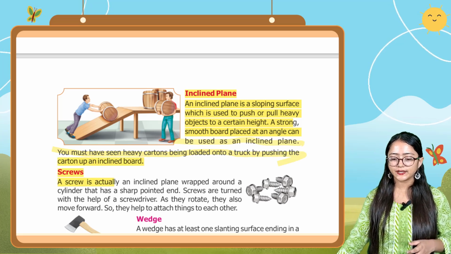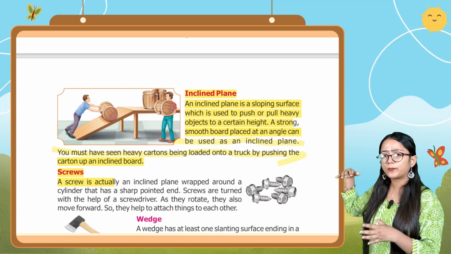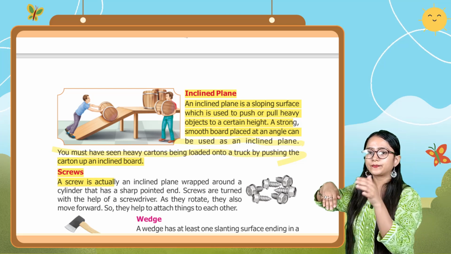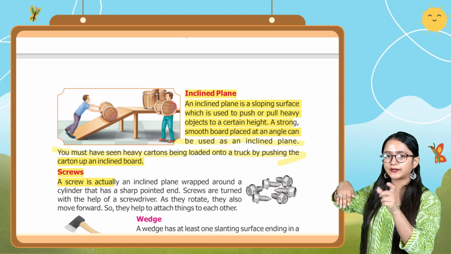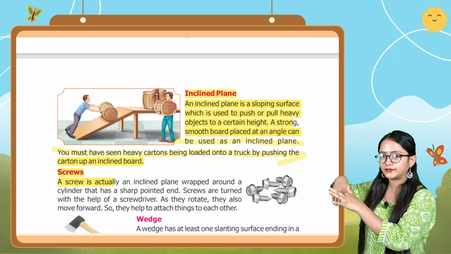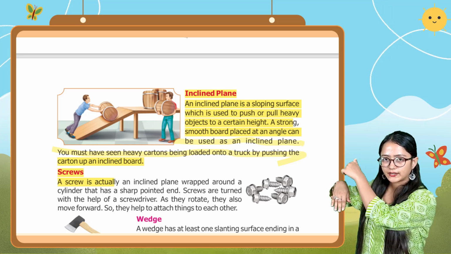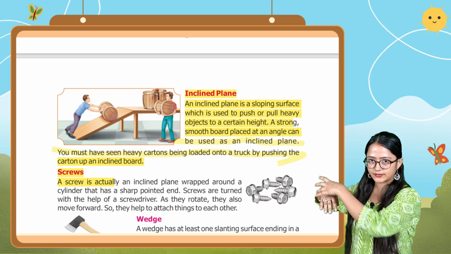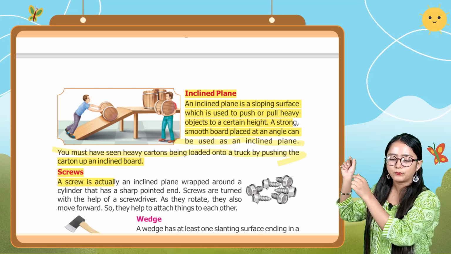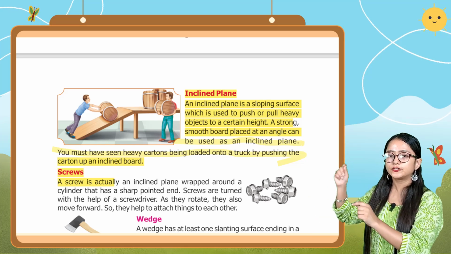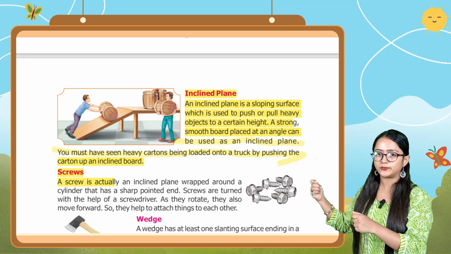Basically, it is a sloping surface, like the slide you see in a park. A smooth board is used, not a rough board, to pull or push the object easily.